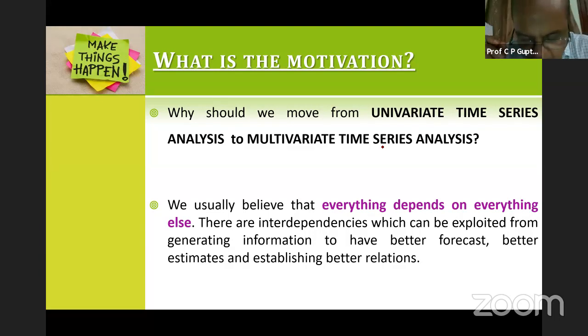Okay. So why are we moving from univariate to multivariate? What is the motivation behind it? Why should you work with multiple time series rather than one time series? We should have a reason for it, a motivation for it. And the motivation is the usual belief that everything depends on everything else.